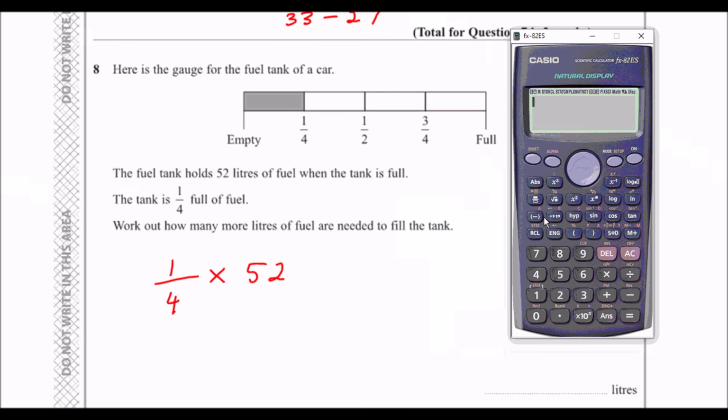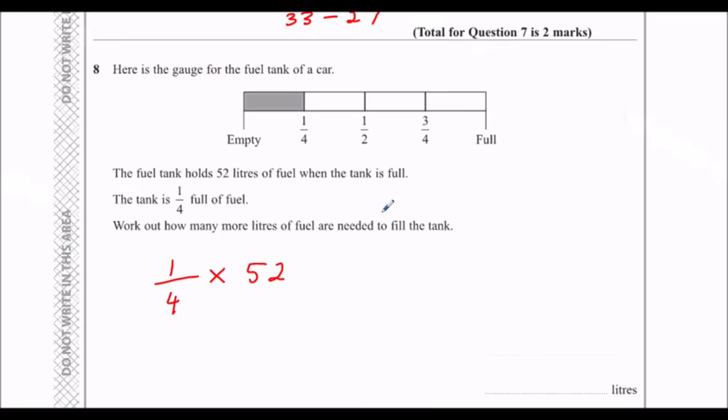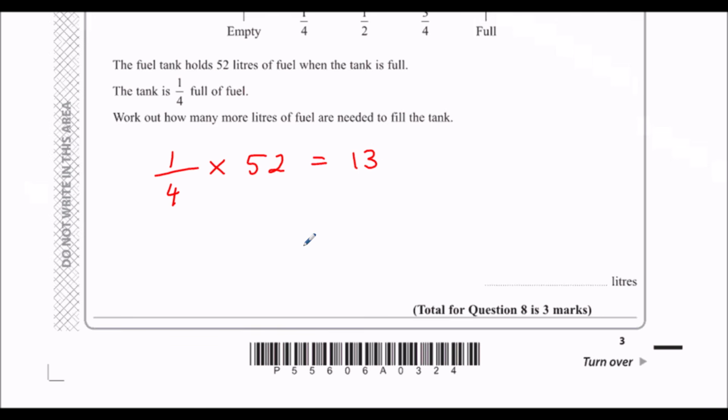1/4 of 52 is 13. So that's how much is in at the moment. How many more litres of fuel are needed to fill the tank? So 52 is full.